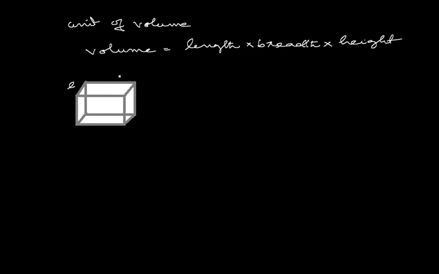This is also equal to length, and this is also equal to length. So it is actually equal to length into length into length is equal to length cube. So the unit of volume is equal to the unit of length cube. From this, we can understand that surface area and volume are derived units of length.